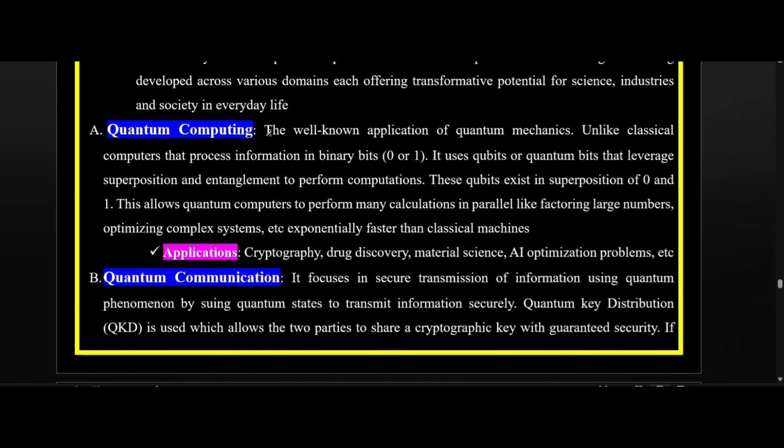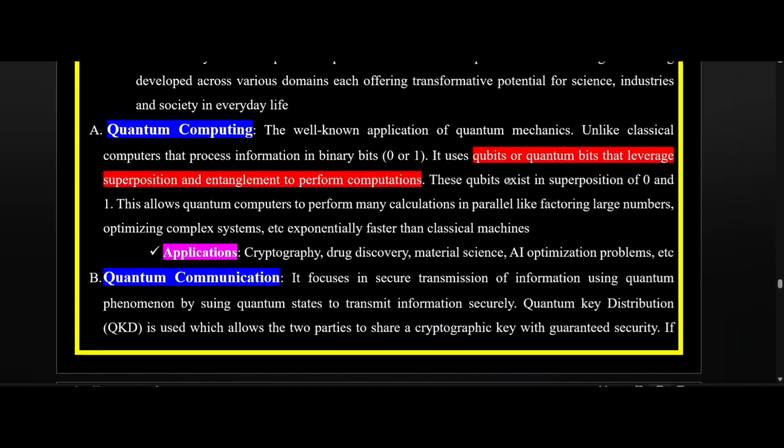So, the first quantum technology is quantum computing, the well known application of quantum mechanics. Unlike classical computers that process information in binary bits that can be either 0 or 1, in quantum computing the primary quantum systems that are used are qubits or quantum bits. These qubits leverage superposition and entanglement to perform computations.